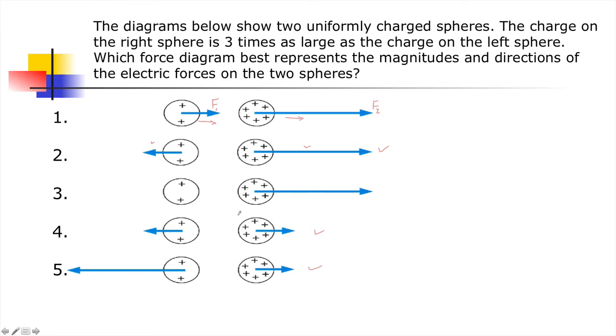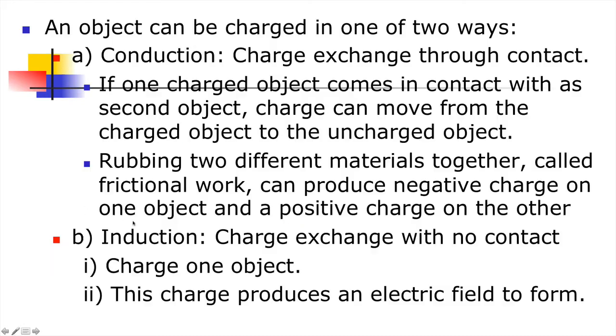So what you need to look for is which one represents equal sizes of forces. The amount of force that object 1 applies on object 2 is the same as the amount of force that object 2 experiences from object 1, only in the opposite direction in this case, because both are positively charged. Therefore the answer is choice 4.